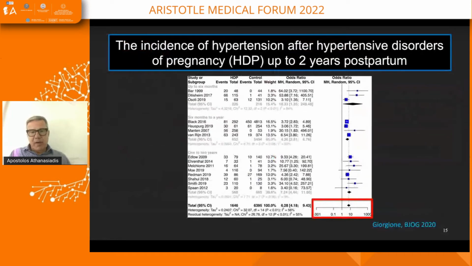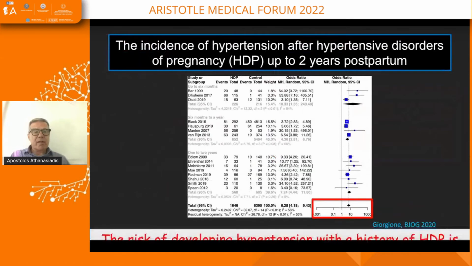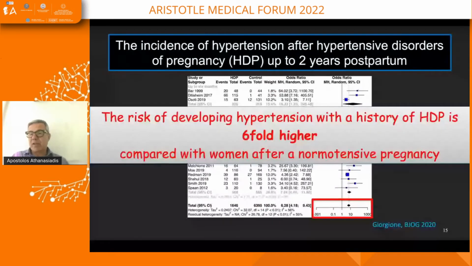This is not only for the pregnant women. We know that the risk of developing hypertension with a history of hypertension during pregnancy is 6 times higher, even excluding those with chronic hypertension.